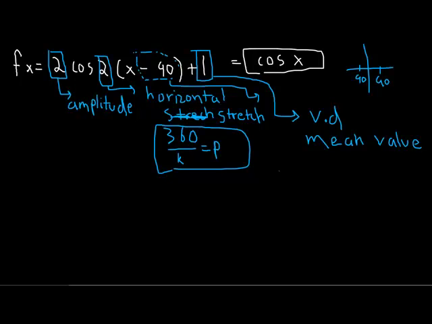In our normal cosine graph, the middle of the graph was 0, but in this case it's 1. So your mean value and your horizontal displacement determine where you're going to start the graph off.